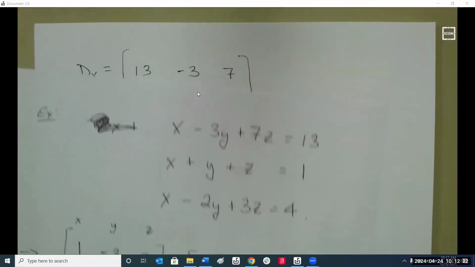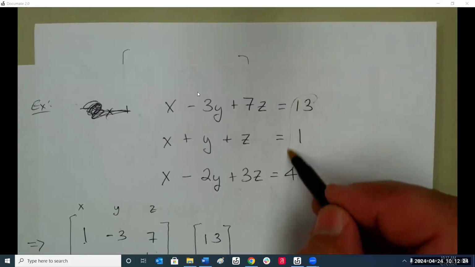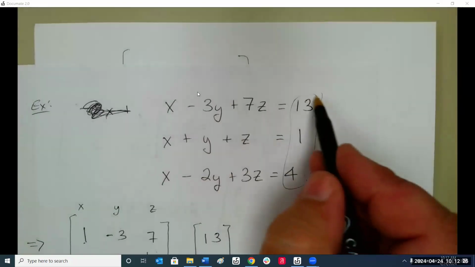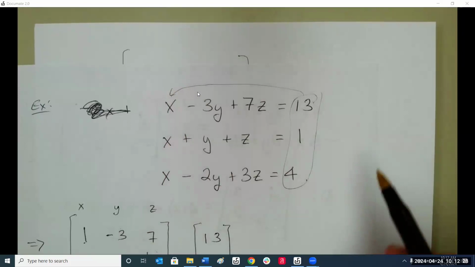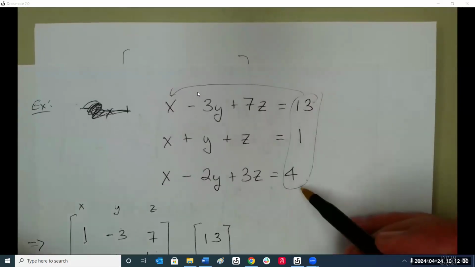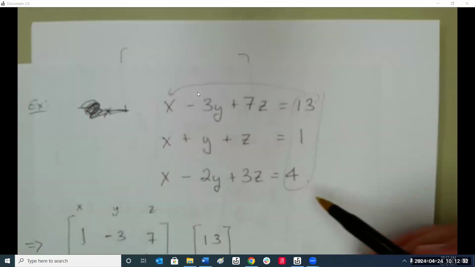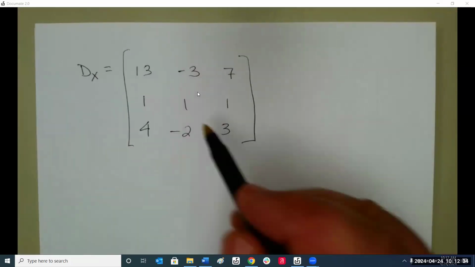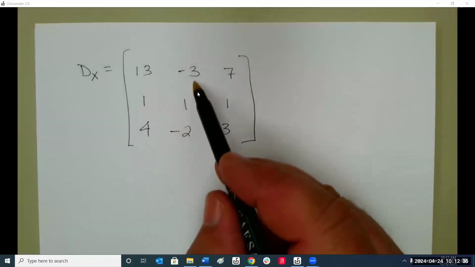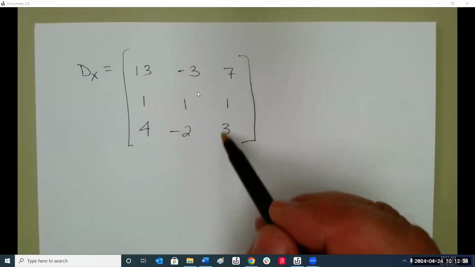We take the answer, put it in the first column where it says x. So this column goes here. Everything else stays the same. So we'll have 13, 1, 4, negative 3, 1, negative 2.